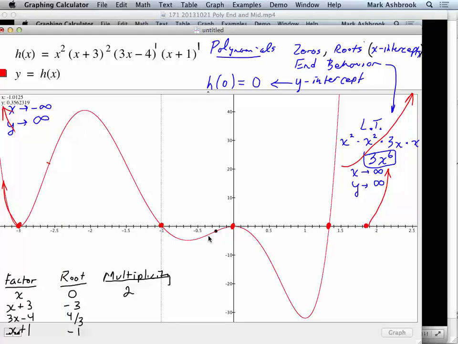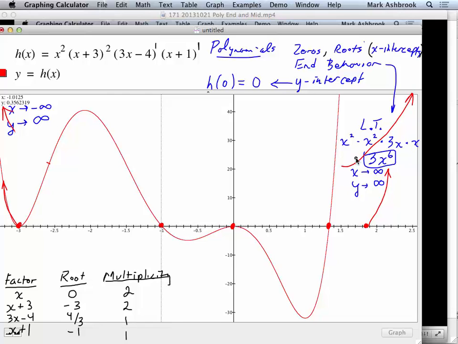And what do we see? We see that quadratic shape, parabola shape. Okay, x plus 3. What's the multiplicity on the factor x plus 3? Also 2. Again, we saw this parabolic shape at -3. 3x minus 4, multiplicity 1, x plus 1. Both of those go straight through like a line.